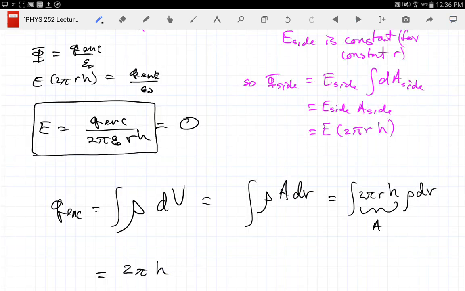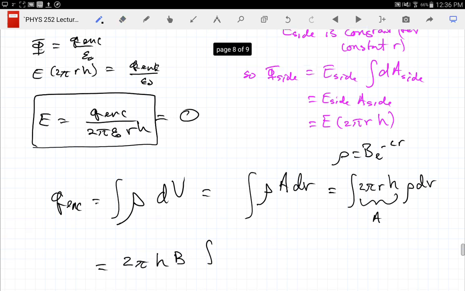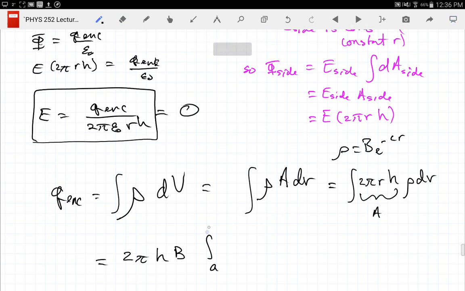So this is rho is equal to B e to the minus CR. And so the B here is a constant, so I'm going to bring it out. Integral from A to R. And you'll notice here I have technically a bad math thing. Let's call it R prime, and now it's a good math thing. Because you can't have your limit the same as the variable of integration.